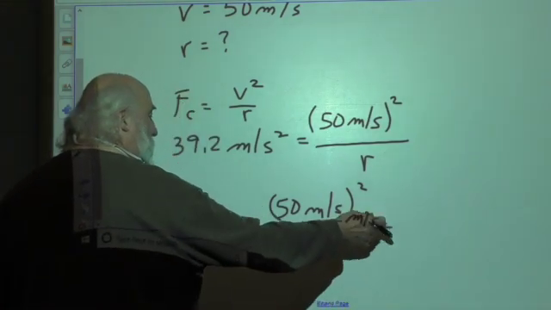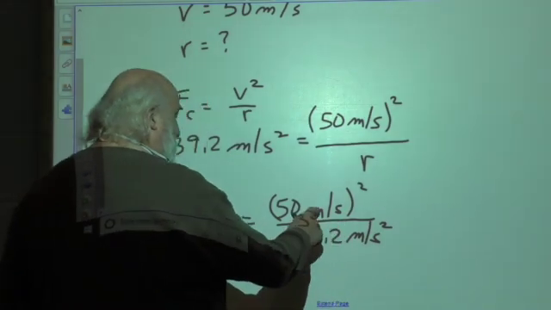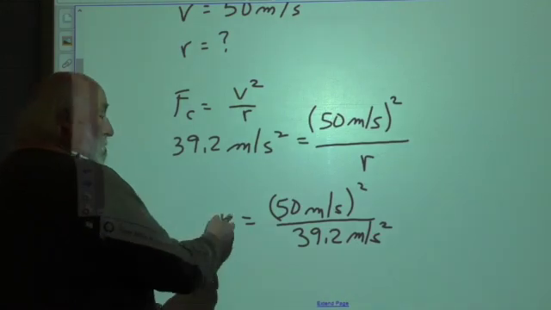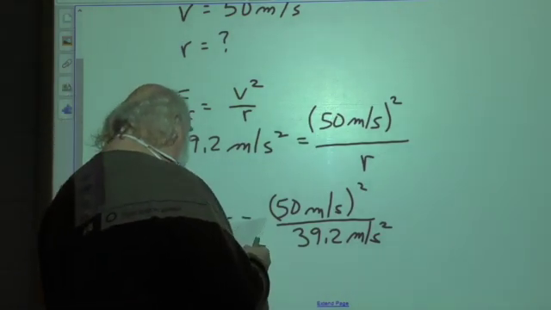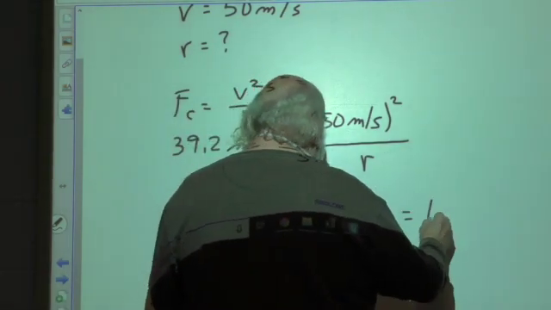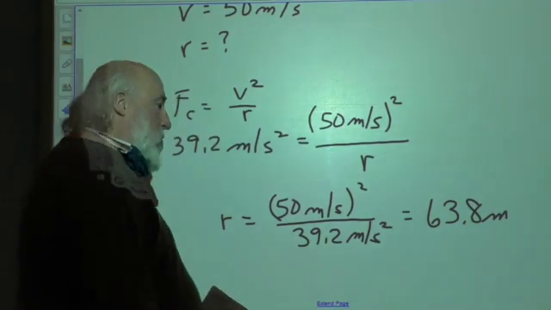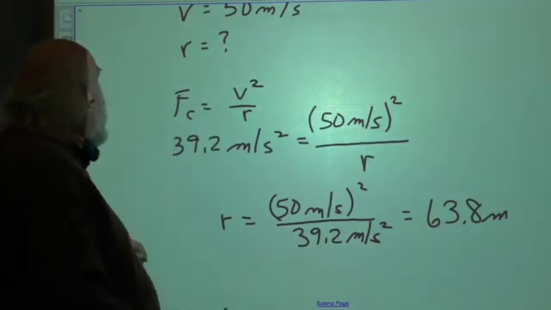The seconds squared we cancel out, and you've got meters squared here, meters here, so we cancel out. We need 1 meter on top, which is what you want for your radius. And when the smoke clears, this turns out to be 63.8 meters for the radius. That's how you use those problems.